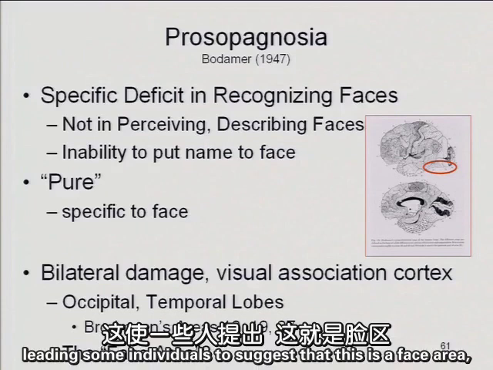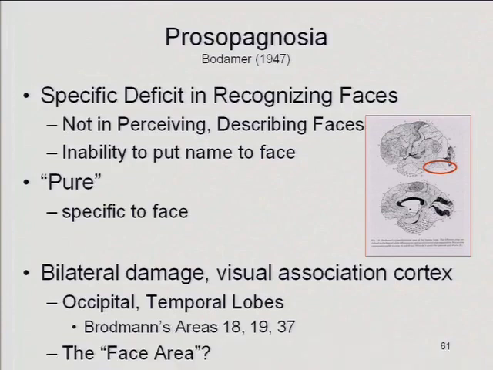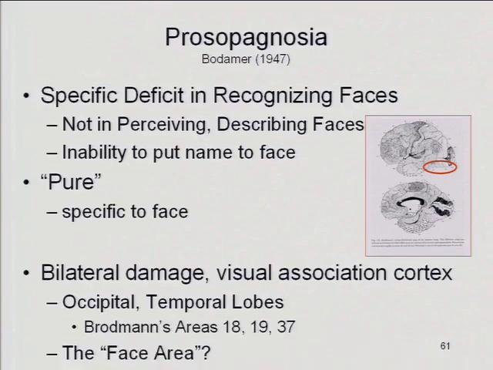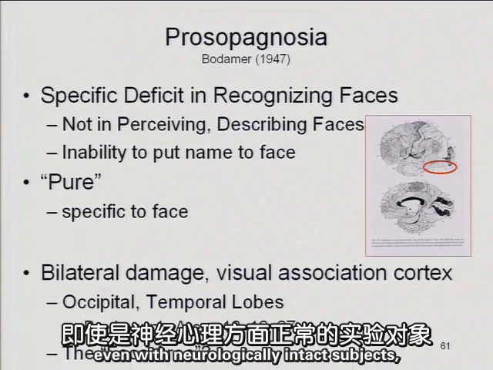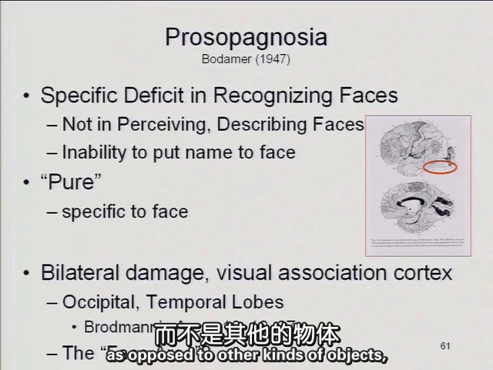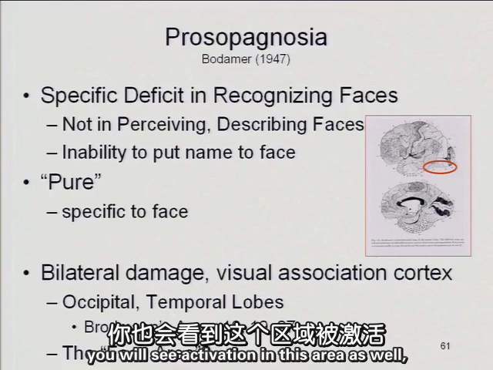Leading some individuals to suggest that this is a face area, a part of the brain that is specifically geared to recognizing faces. And later research has shown that even with neurologically intact subjects, if you ask them to identify faces as opposed to other kinds of objects, you'll see activation in this area as well.